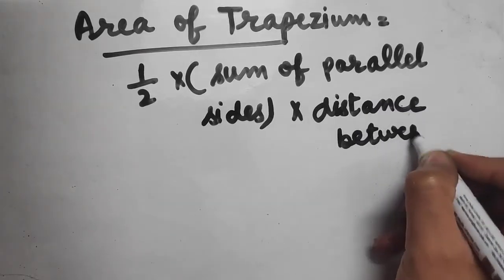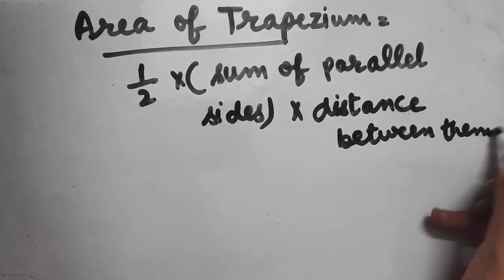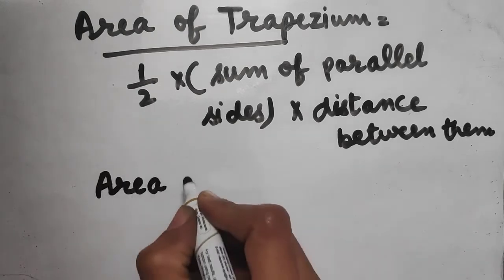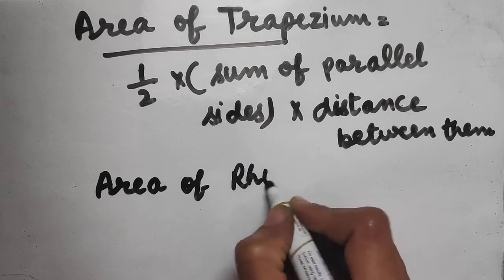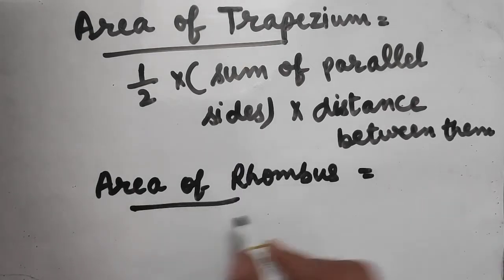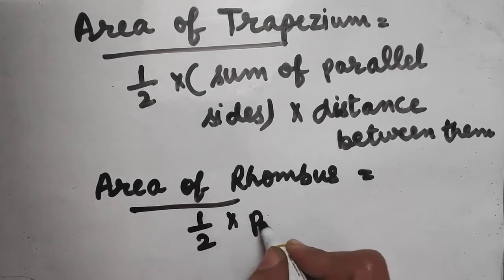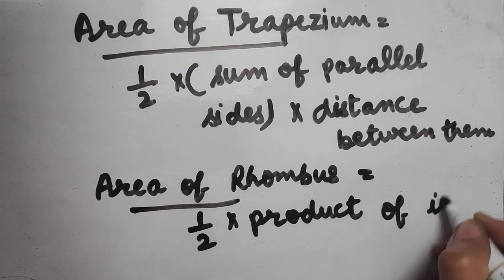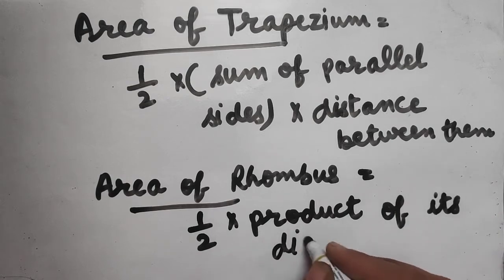This is the formula of area of trapezium. Let us talk about now area of rhombus formula. Area of rhombus is equal to half into product of its diagonals.